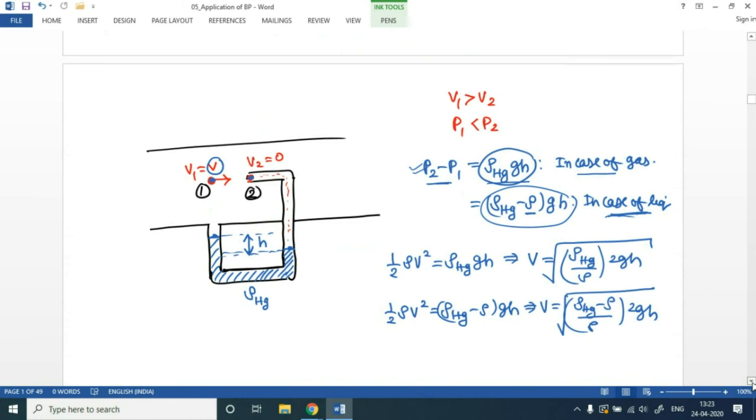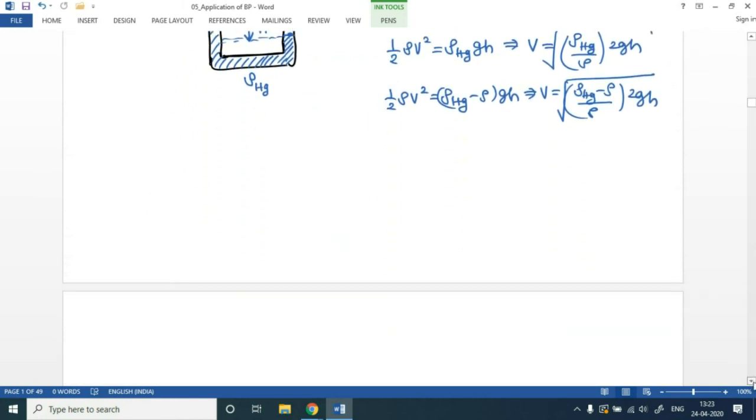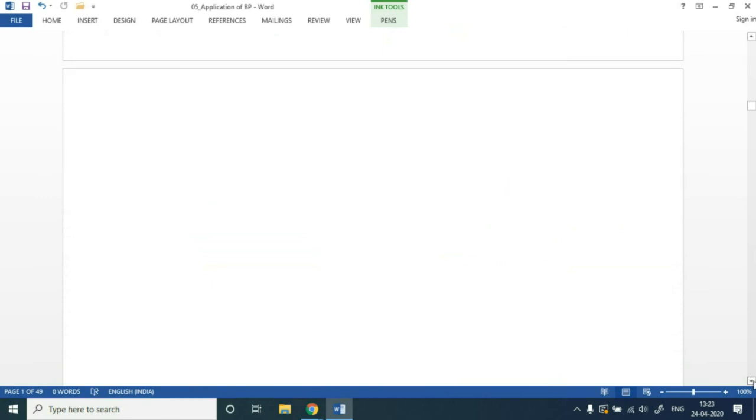Another device we are going to look at, you might have already guessed, is the Venturi meter.